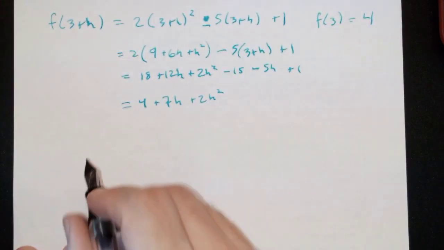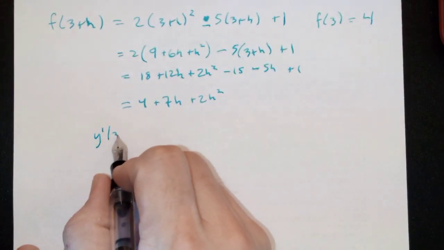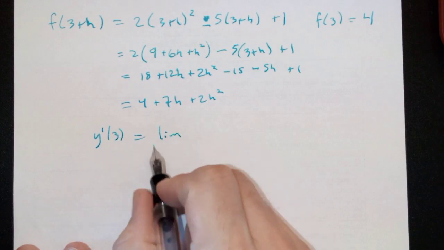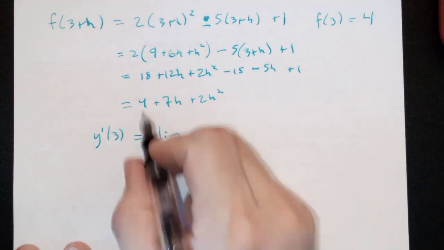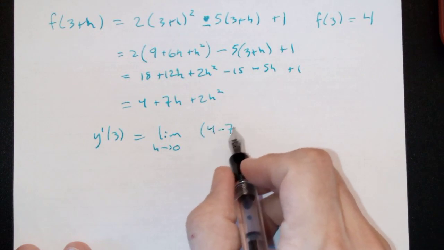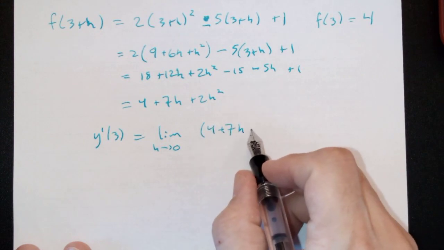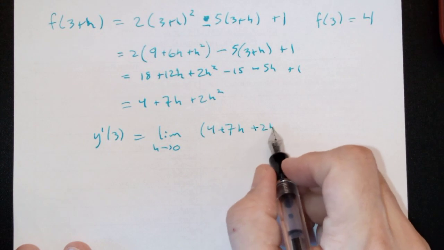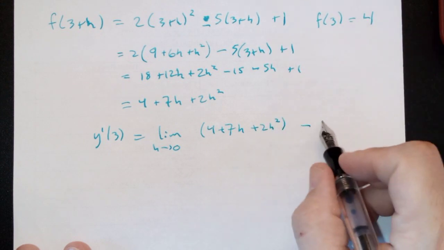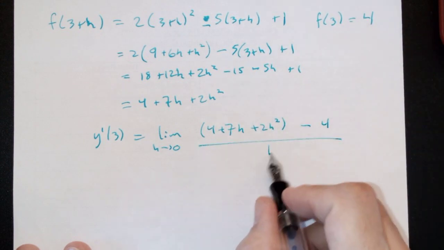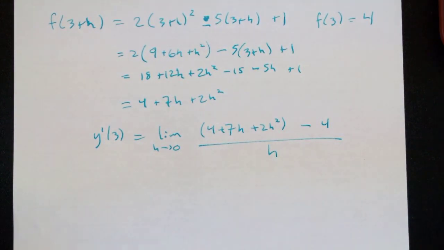Now, y prime of 3, limit as h goes to 0, this thing, minus this thing, over h. If I just plug in right now, I get 0 over 0. I don't like that. So let's do the algebra to simplify this. What happens with my 4's? They're gone.